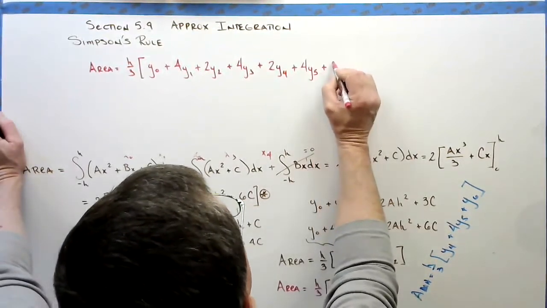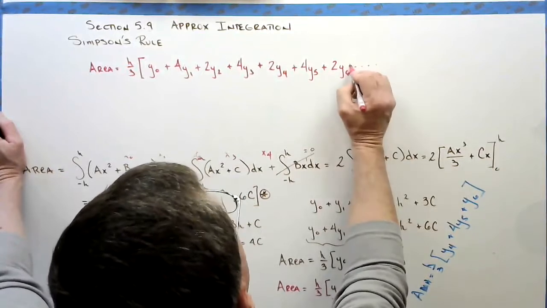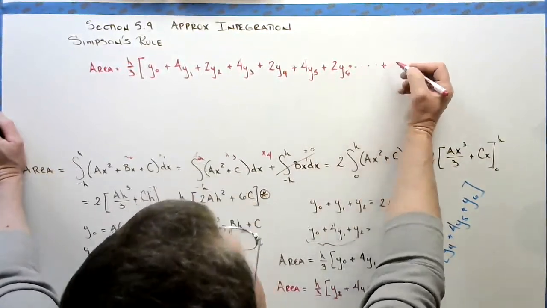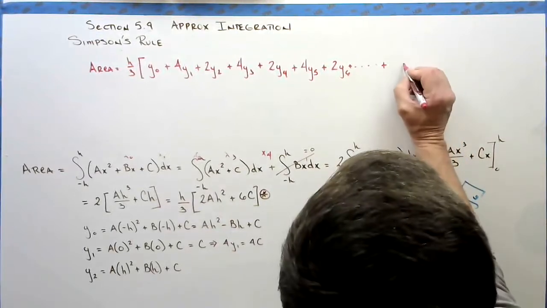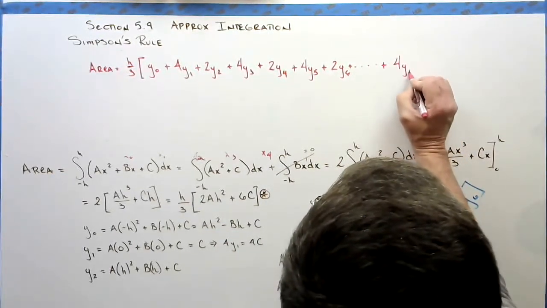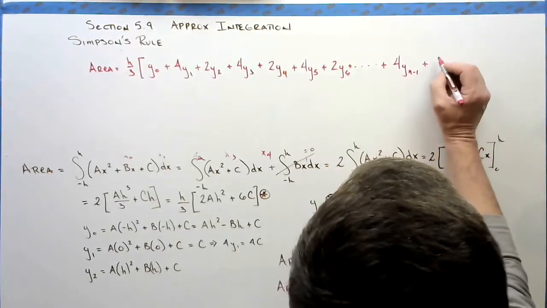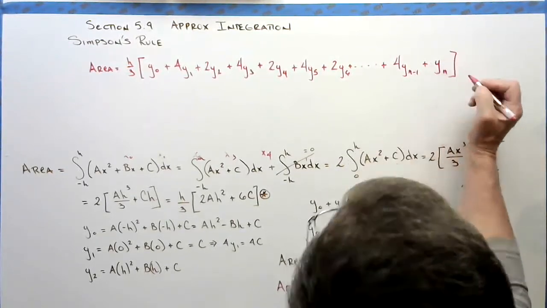And we're going to have 2 y sub 6s. And this would just continue until we finally got to the end, when we got to our last point, which would be, we would have 4 y sub n minus 1s, and we would have y sub n.